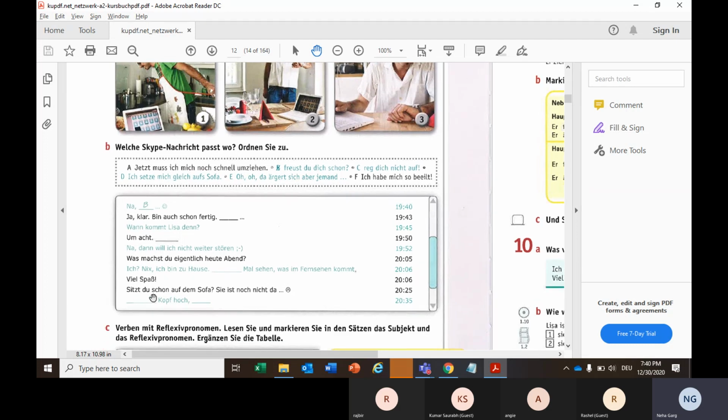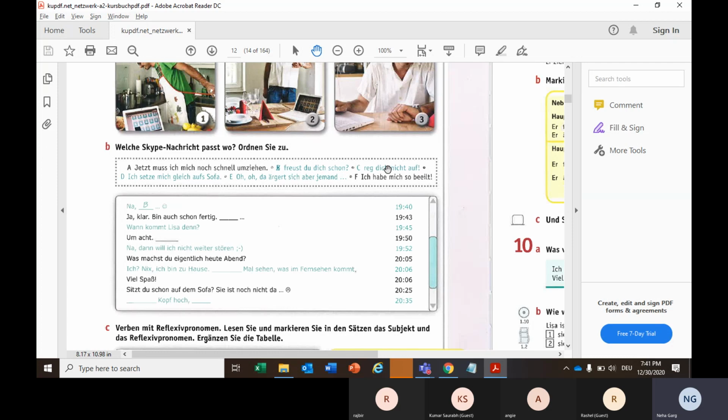And then here the answer would be, da ärgert sich aber jemand. And then in the last one it will be, reg dich nicht auf. So the other friend is saying, okay, that can anger anyone, but don't get irritated. Don't get upset. Reg dich nicht auf, like don't get upset or agitated.